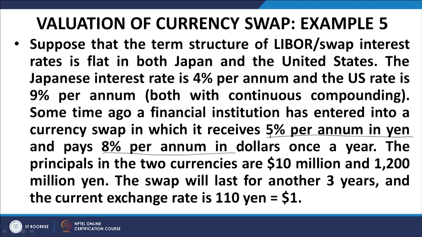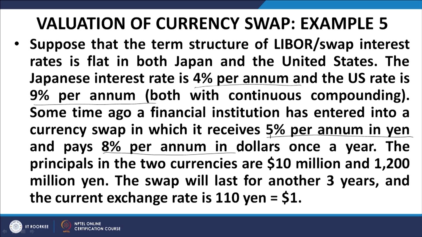This is the current structure of interest rates: 4% per annum in Japan and 9% per annum in the US. The Japanese rate is 4%, the US rate is 9% as of today, and the swap entailed receiving 5% per annum in yen and paying 8% per annum in dollars once a year.